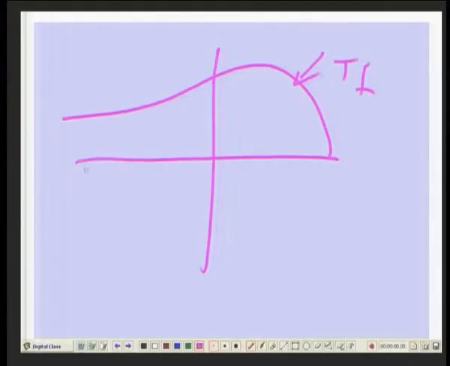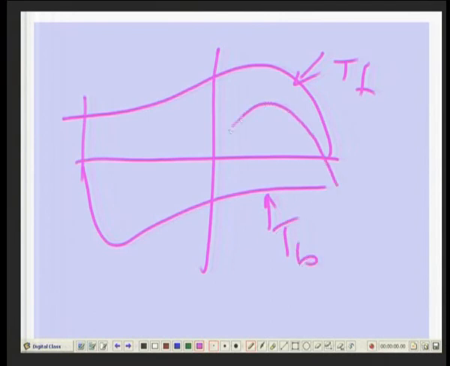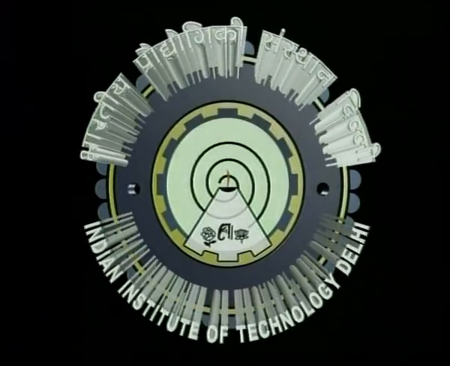There will be a forward torque and there may be a backward torque, so the net torque will be the sum of these two, and you can create a non-zero starting torque. Okay, we will stop here and continue in the next class. Thank you.